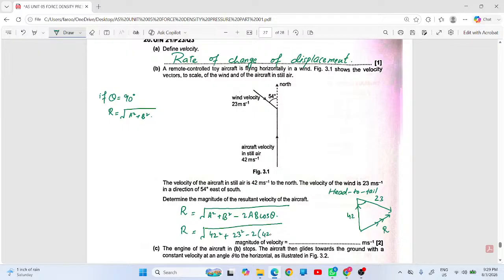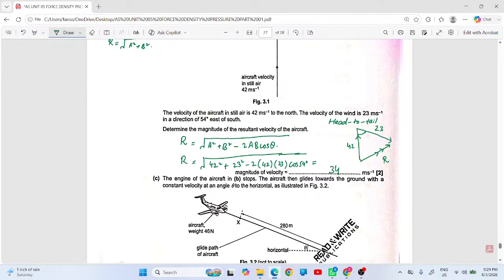A is 42, b is 23. We just need to find the magnitude. So this equals cos 54. Check. So the answer is 34 meter per second.